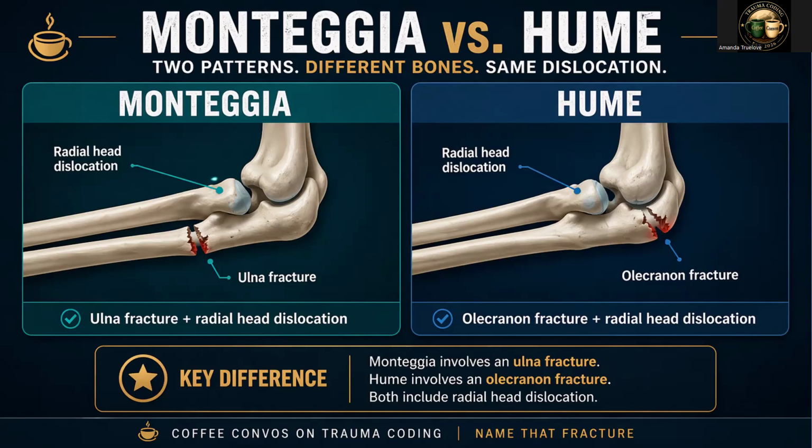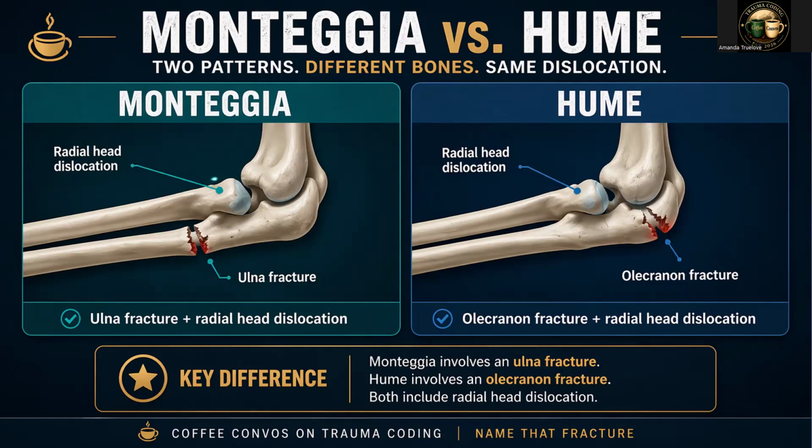So again, we have two different patterns, right? And the problem is we have different bones, but we have the same dislocation. So your Monteggia's involves your ulna, your Hume involves the olecranon, and then both involve that radial head dislocation.